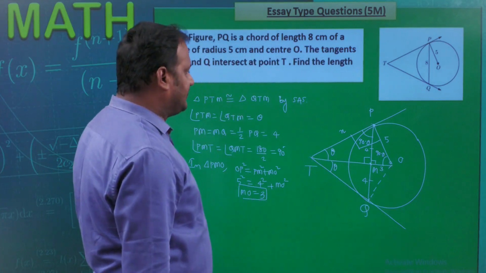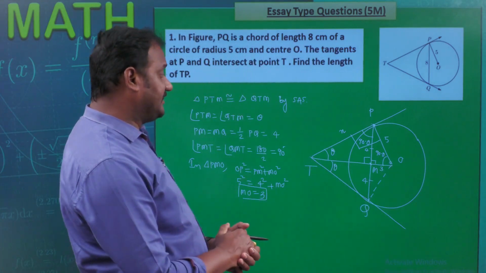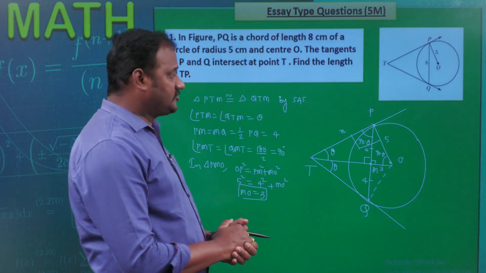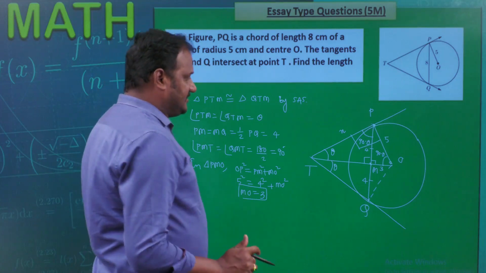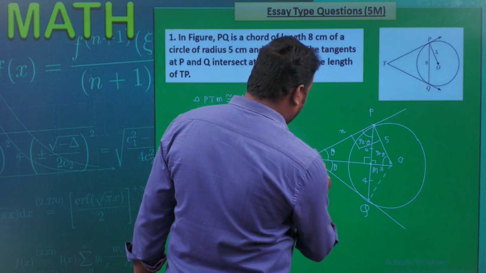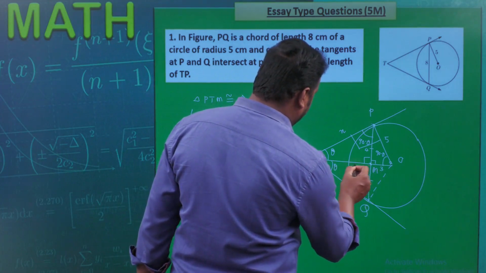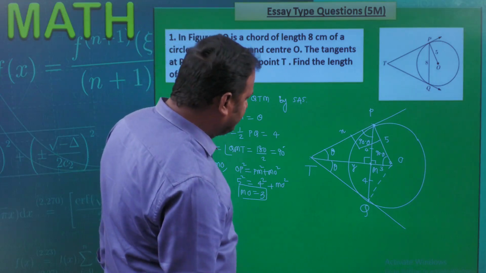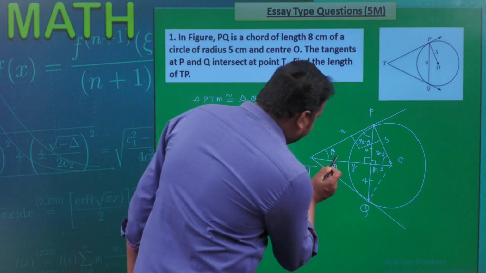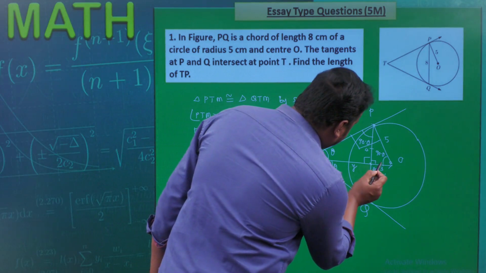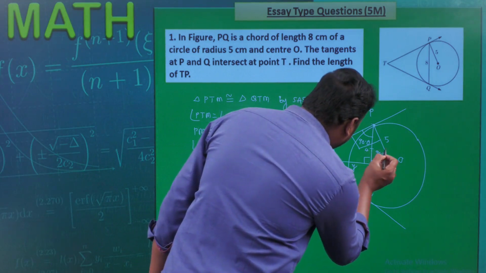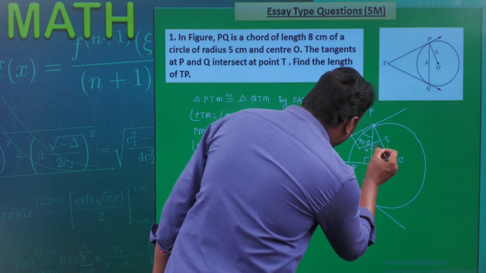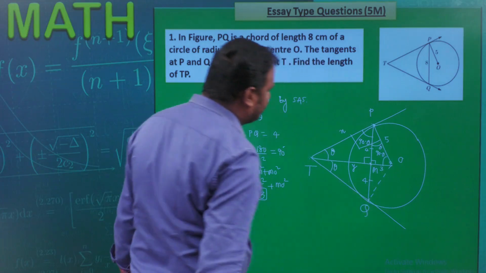Now I have two right angle triangles, and those two right angle triangles are similar. Which two right angle triangles are they? See, this is 3, and I do not know what this TM is. Let TM be some y. Here it is theta, it is 90, this is 90 minus theta, it means this only angle is theta, correct?